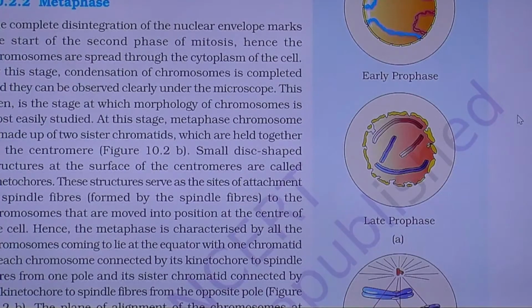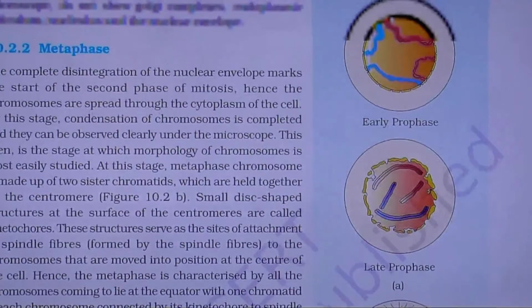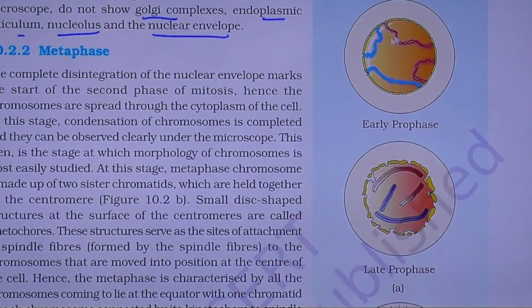So what is metaphase? Prophase was finished. Here you can see the prophase structures. It was condensed, it will be untangled, but the Golgi apparatus, endoplasmic reticulum, nucleolus and nuclear envelope will not be seen under the microscope. DNA was changed to chromosomes.